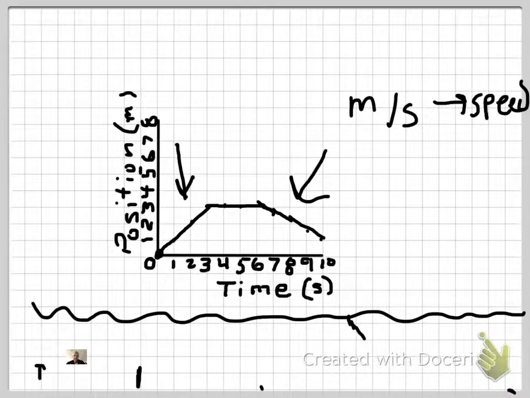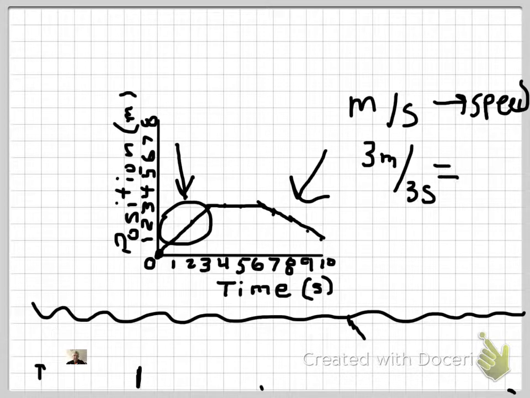So in this first section, he covered 3 meters in 3 seconds. If we take 3 meters divided by 3 seconds, we will see that Mr. Jones is traveling 1 meter per second.